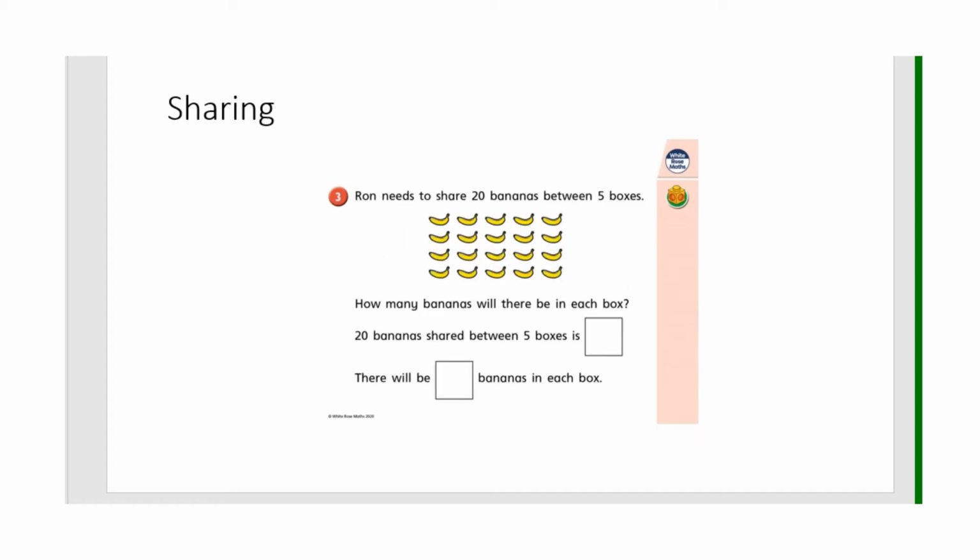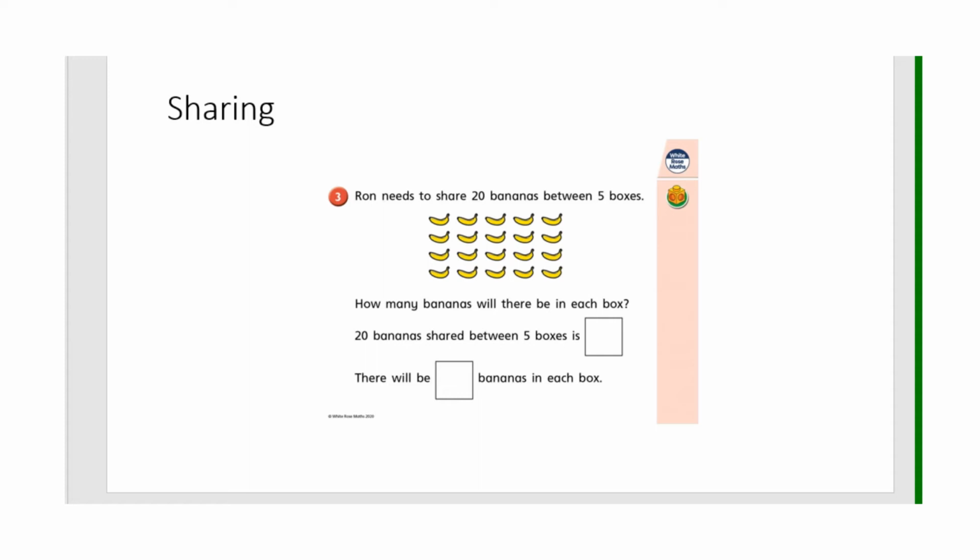Now Ron needs to share 20 bananas between 5 boxes. How many bananas will there be in each box? I can get 20 counters or 20 pasta shapes, but I can also see that these are in an array. I can see that there's 1, 2, 3, 4, 5 columns.